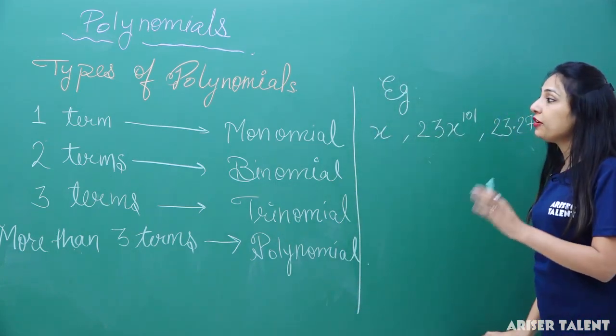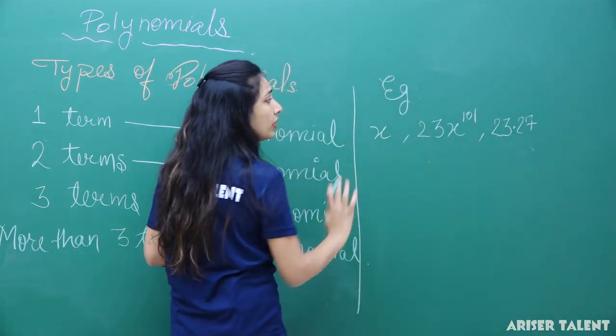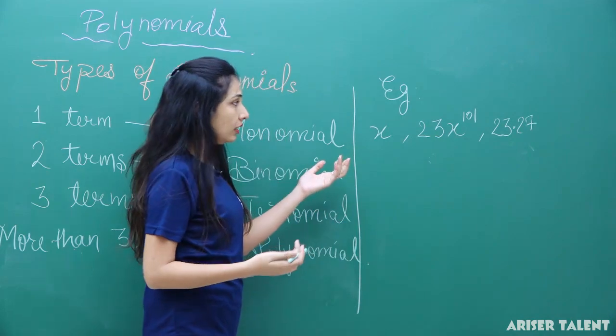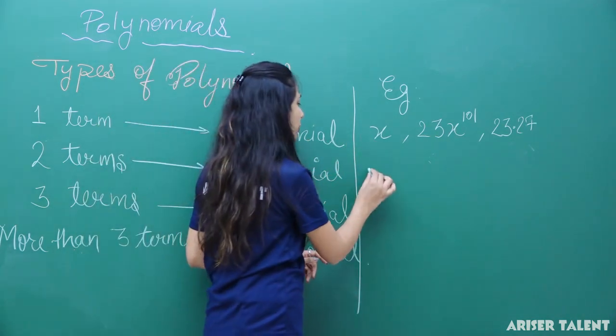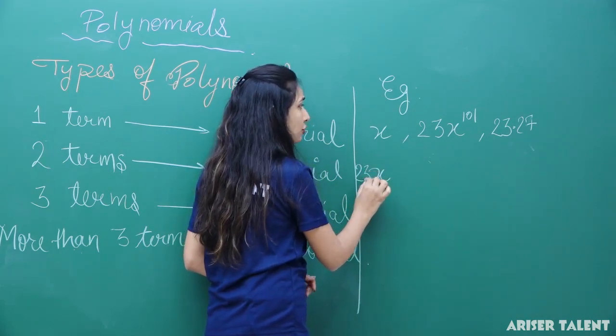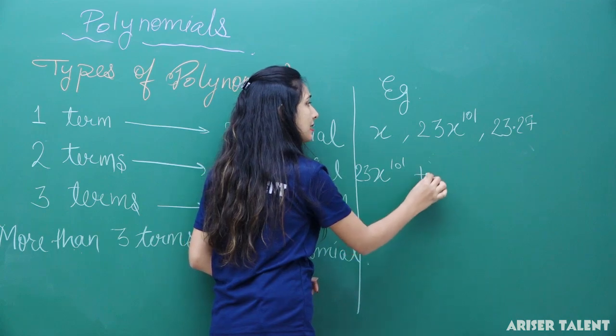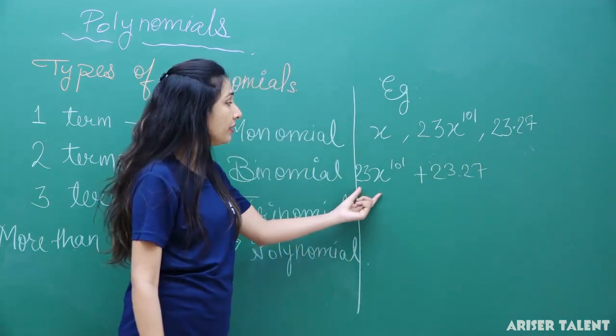Now, if we talk about 2 terms, pick any 2 terms from them. We can take another example also, but we are picking just any 2 terms from them. So I'll be picking 23 x raised to power 101 plus, let's suppose, 23.27. Now how many terms is it having? 1 and 2.